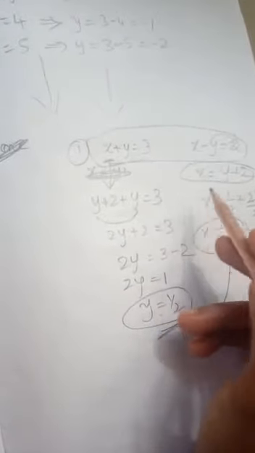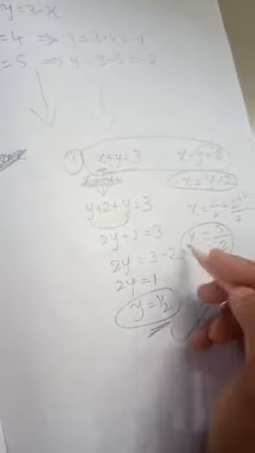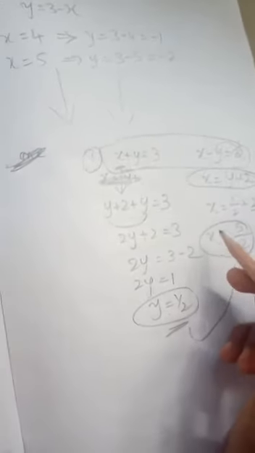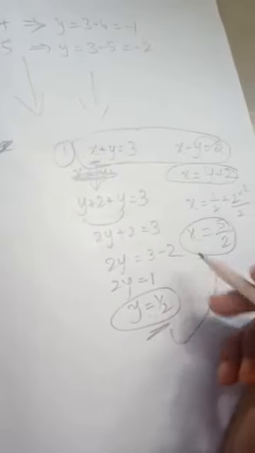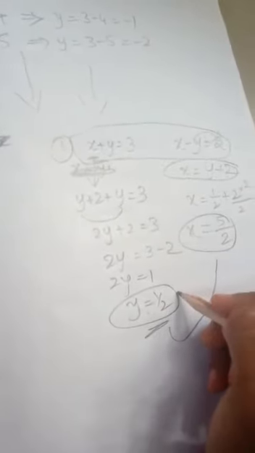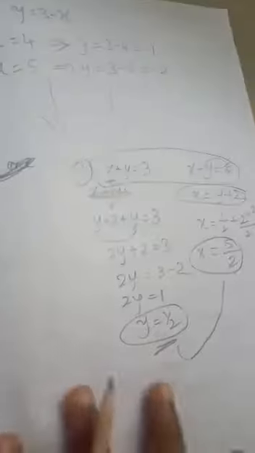When we take two linear equations, we solve them easily by using the substitution method. We get the values of x and y. These x and y are unique solutions. Only one x value and only one y value we get by solving these two equations.